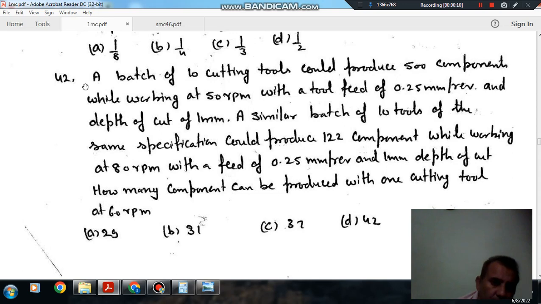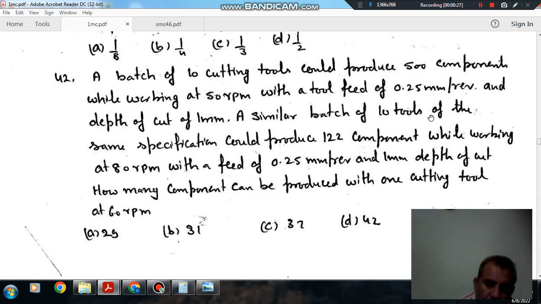Question number 42: A batch of 10 cutting tools could produce 500 components while working at 550 rpm with a feed of 0.25 mm per revolution and depth of cut of 1 mm.